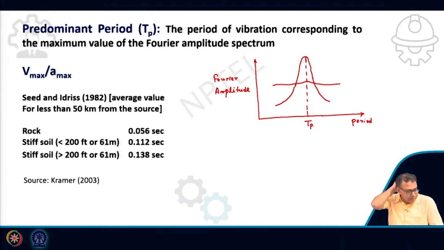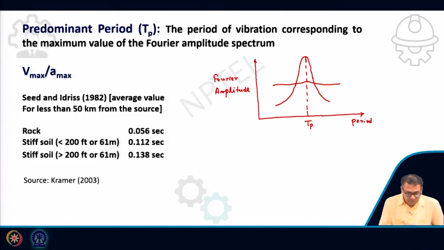Different frequency content can have the same predominant period. So you have two cases with different frequency content, but their predominant period is the same.